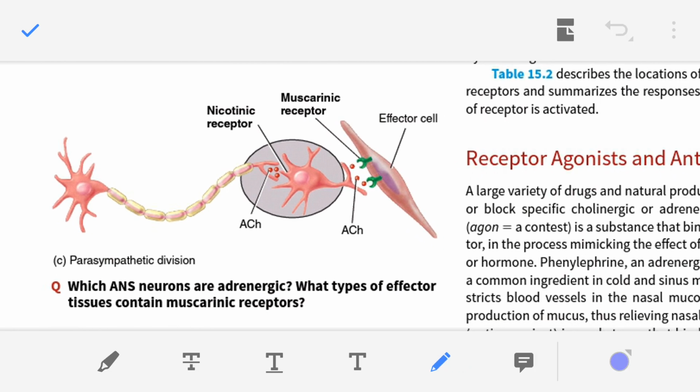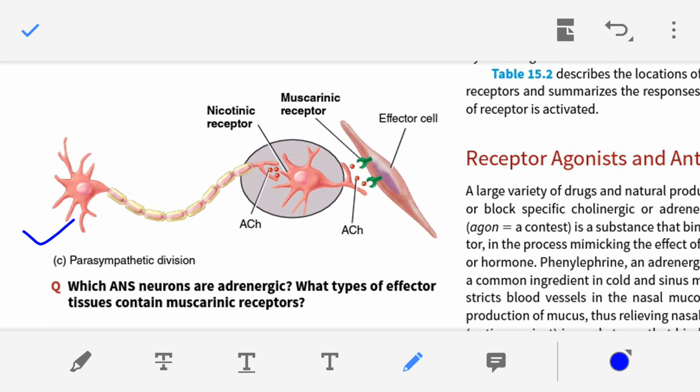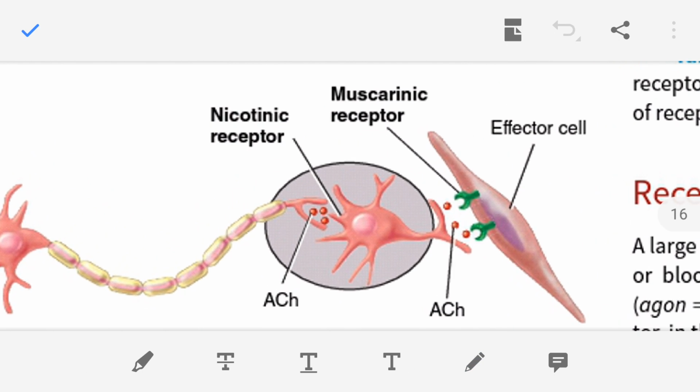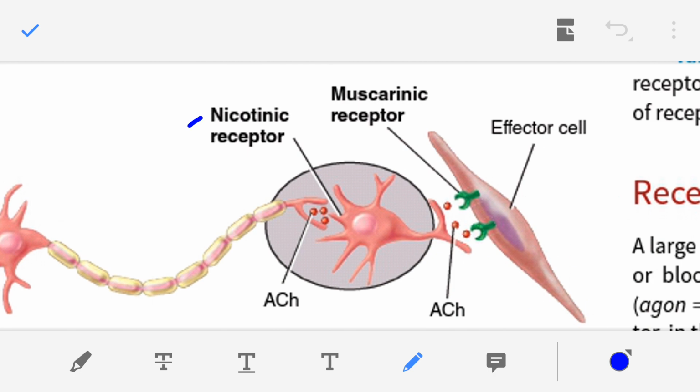Now here the parasympathetic division. You can see this is the preganglionic neuron with neurotransmitter acetylcholine, and this is the postganglionic neuron. On the postganglionic neuron, nicotinic receptors are present.